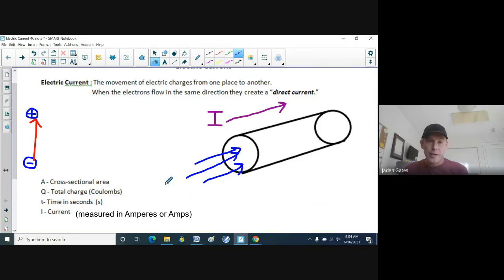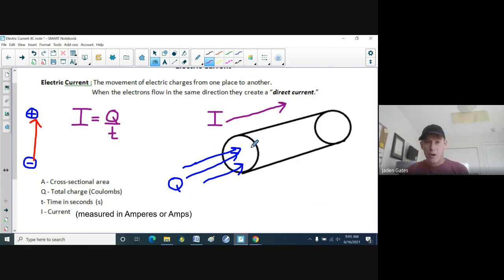All these electrons have a total charge, which we call Q. Now current is the flow of electrons, but it's a measure of it. In fact, the measurement with current is that I is equal to how much charge flows through in a given amount of time.